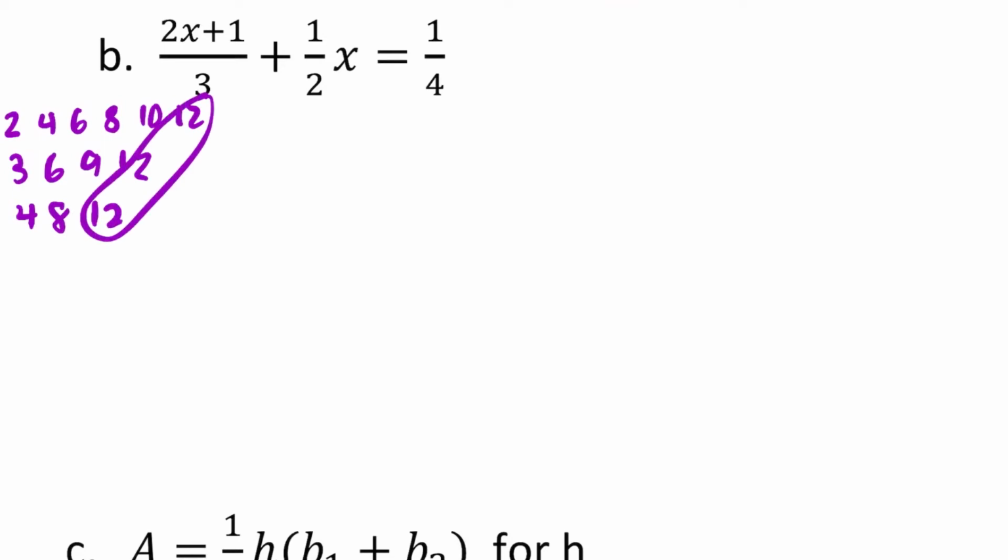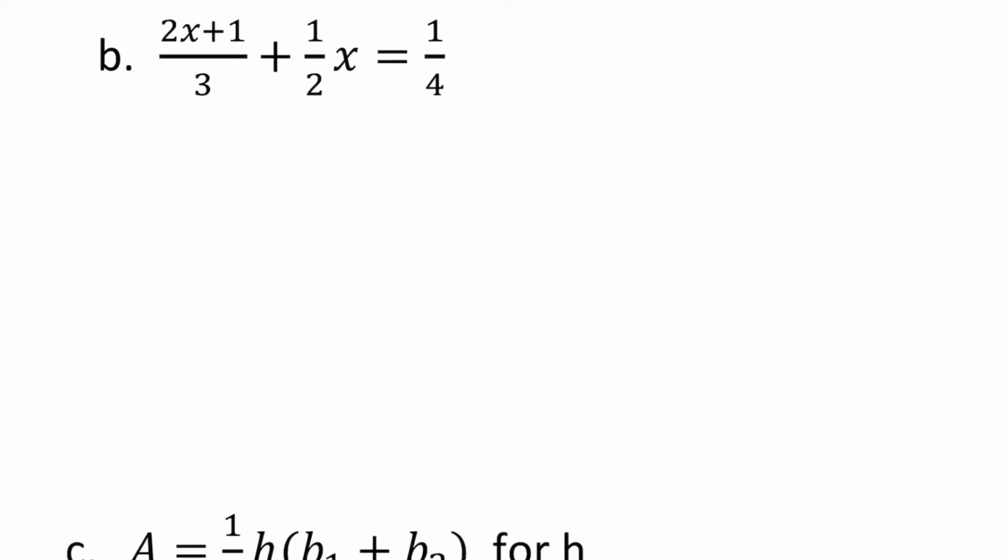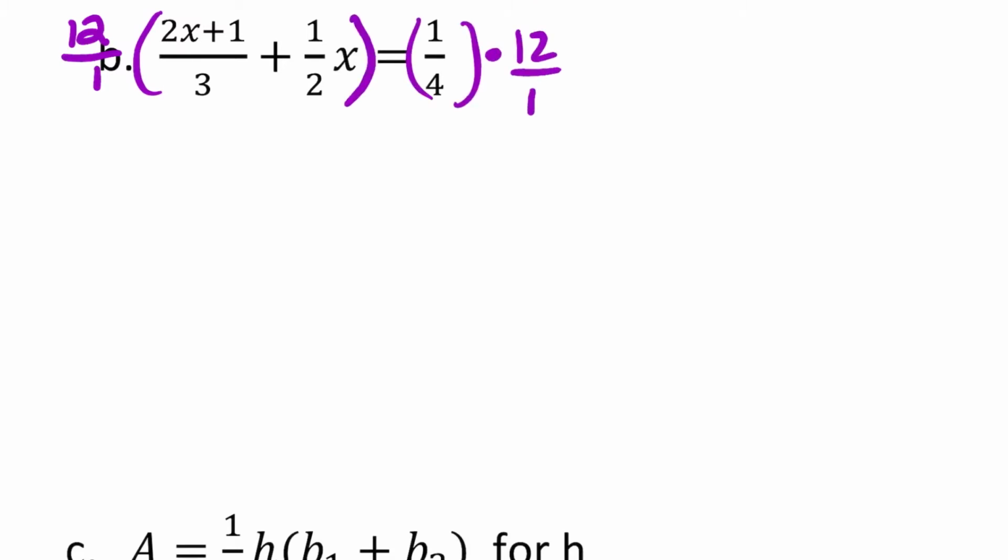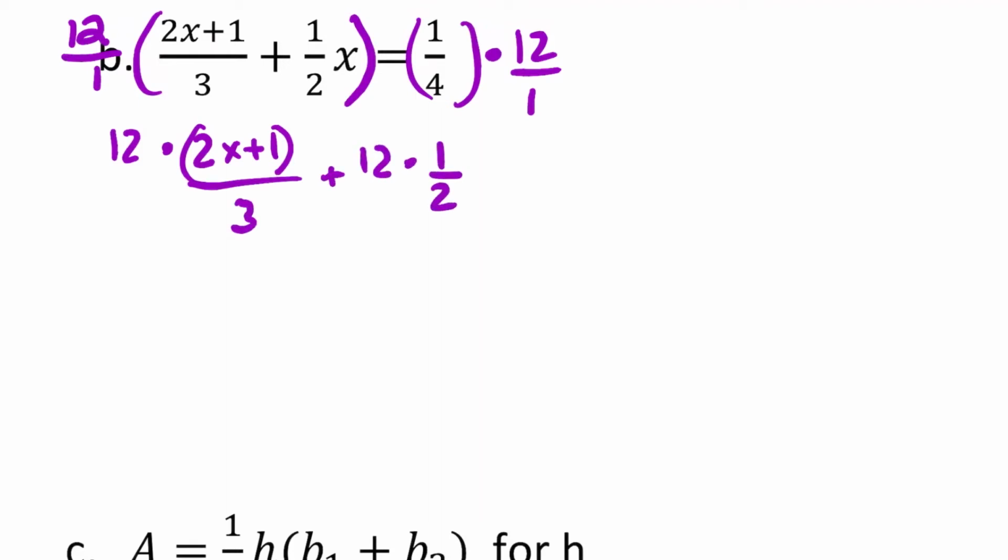So I could multiply both sides of this equation by 12 to start with and no longer have any fractions involved. So actually, I'm going to show you what it looked like if you did that, which if you multiply by 12, you have 12 times 2x plus 1 over 3, and then 12 times 1/2 x equals 1/4 times 12.